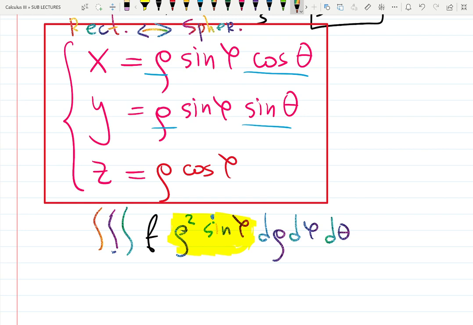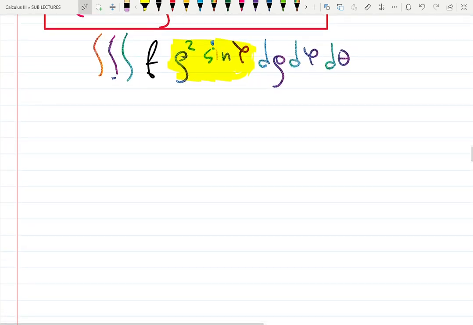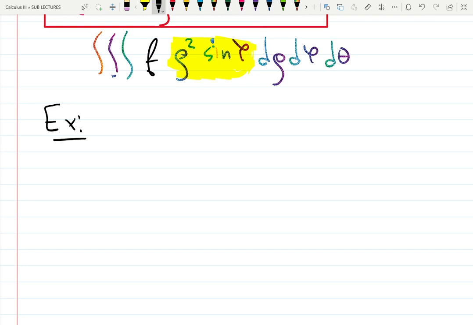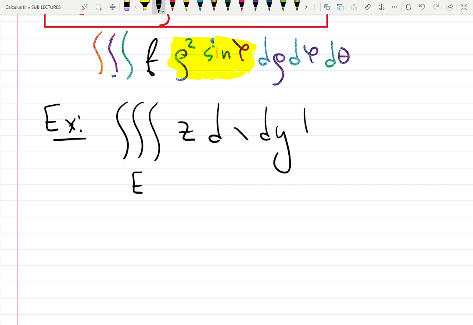So, example, ice cream cone. Find the volume of the ice cream cone which was created like so. Find the result of the triple integration over E, dx, dy, dz, where E is the region between.